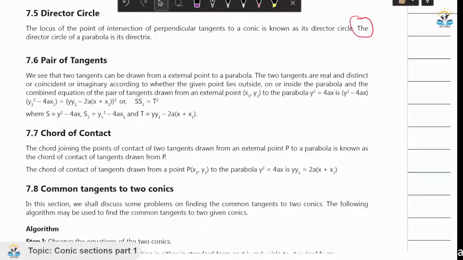Okay. So we see that two tangents can be drawn from an external point of a parabola. The two tangents are real and distinct, coincident, or imaginary according to whether the point given lies outside, on, or inside the parabola. Okay, so the combined equation of the tangents looks like this. This is the standard form, guys. This is applicable on ellipse and parabola also.